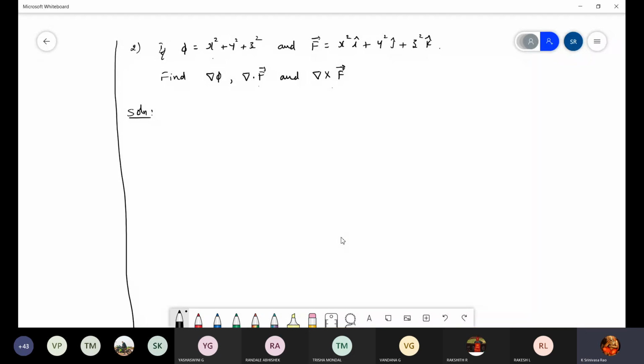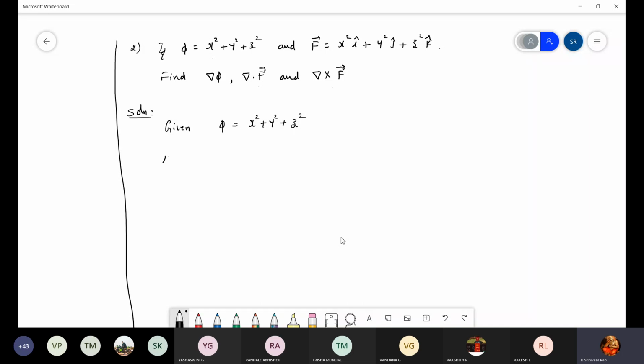So first component, second component, third component. Take down the solution. Given phi equals x square plus y square plus z square. So don't be confused. Only one term you have to differentiate with respect to x and the second with respect to y. That is only for divergence, and for gradient you have to differentiate the complete expression.